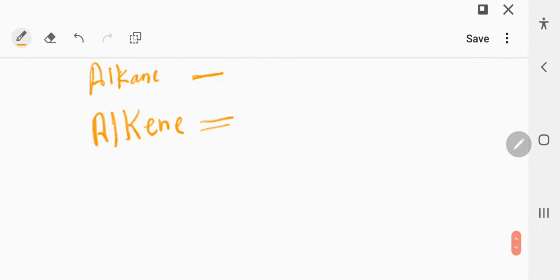Now, we said that we have alkane, which means single bond. Now here, we are talking about alkene, which is ene, which means double bond.